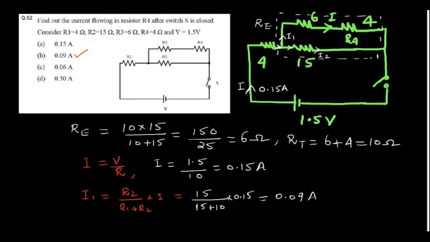What is the question? What is the current flowing through the R4 resistor? That is this network. Again you will apply the current division rule. I have mentioned this branch current as I1. I1 equal to, you will put the equation and calculate, you will get 0.09 amps.